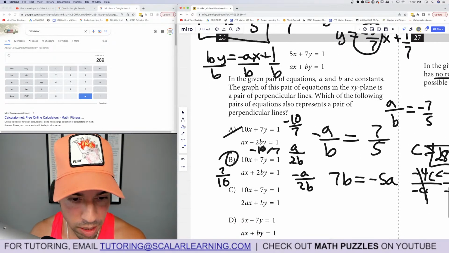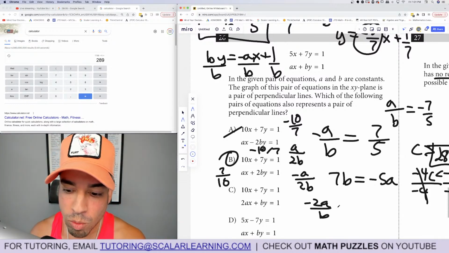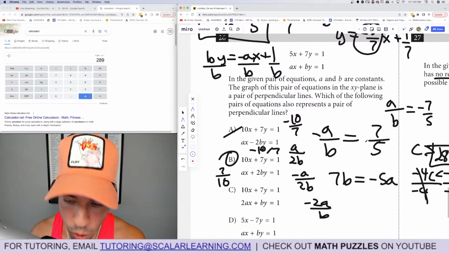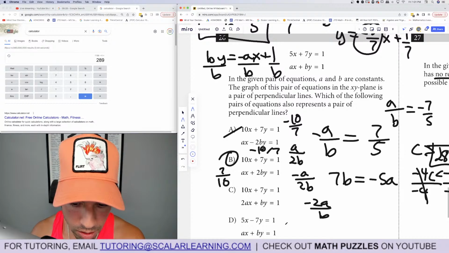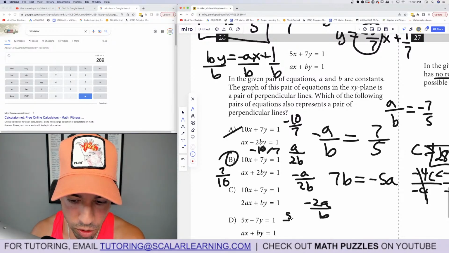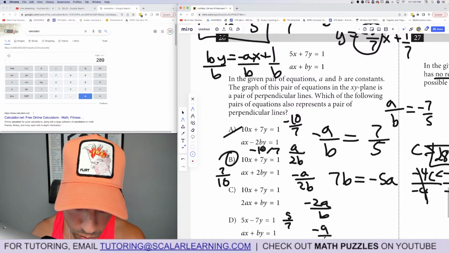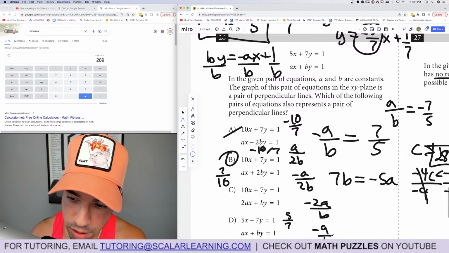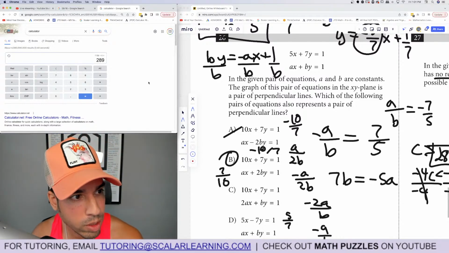This one would be a slope of negative 2A over B, which is 14/5, which doesn't work. The top one has a slope of negative A over B, which is 7/5. So they're reciprocals, but not opposite reciprocals. So I'm confident with that answer.